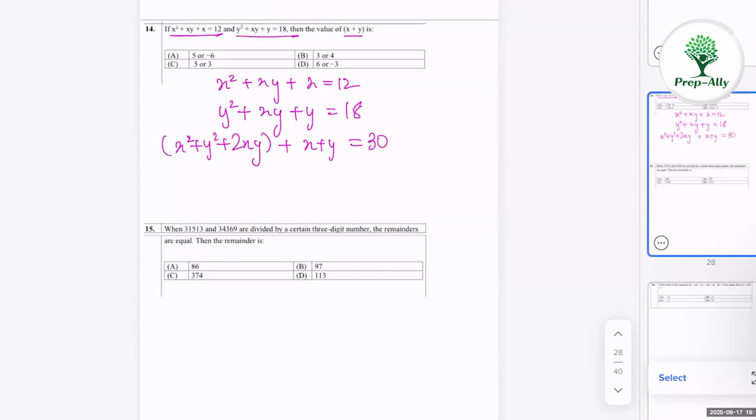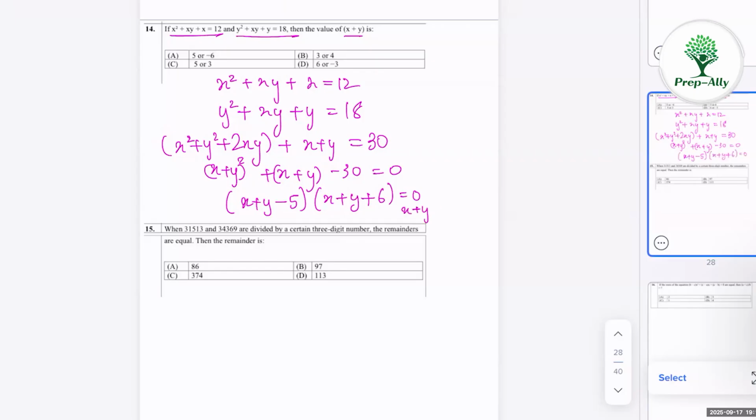Now if you notice, this is just x plus y the whole square and this is x plus y, so we get x plus y plus 5 into x plus y minus 6 equal to 0, which means x plus y equal to 5 or minus 6. So the answer to this question is option A, 5 or minus 6.